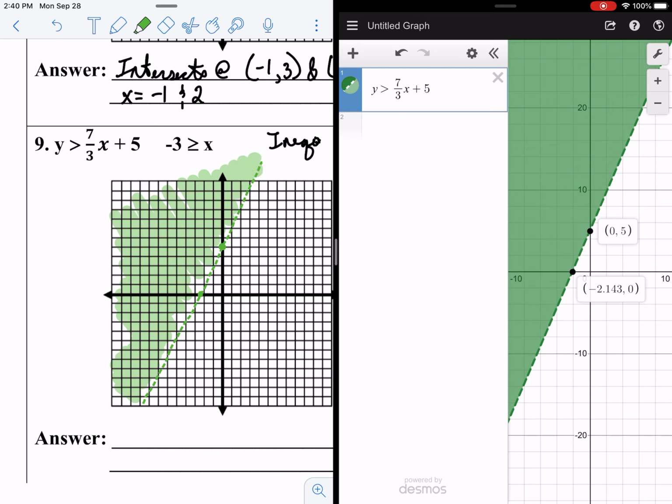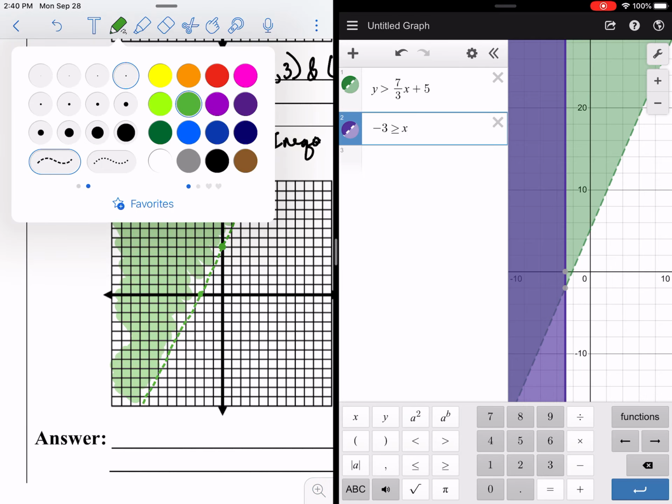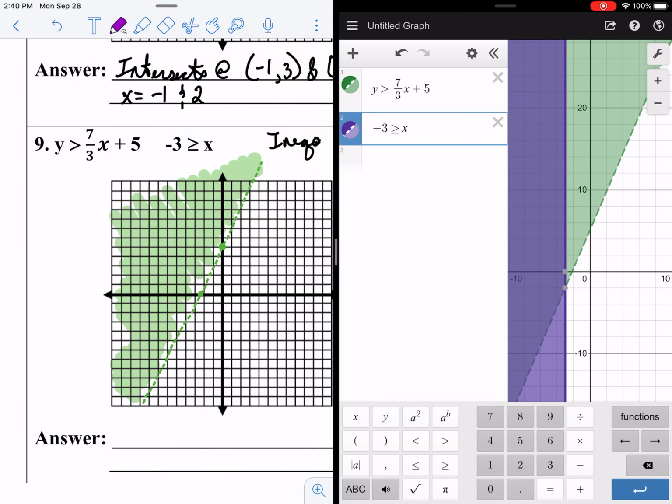My next one is -3 is greater than or equal to x. This one just happens to be purple. If I look at the line, it's solid.